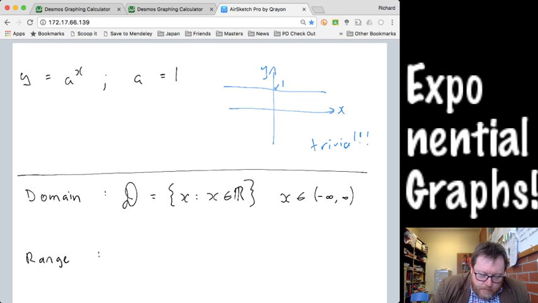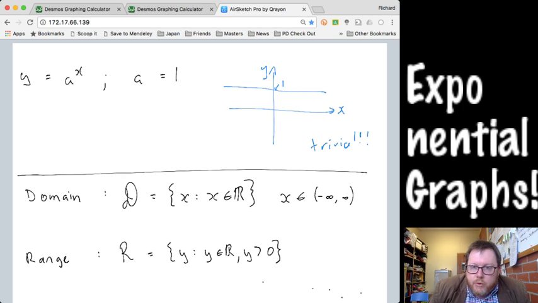Range is all values of y such that y is a member of the real set and that y is greater than 0, not greater than or equal to, but greater than 0.